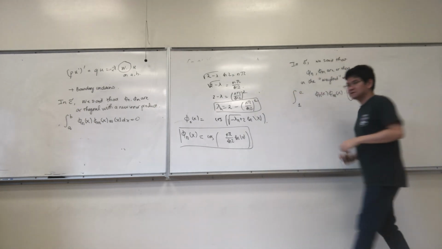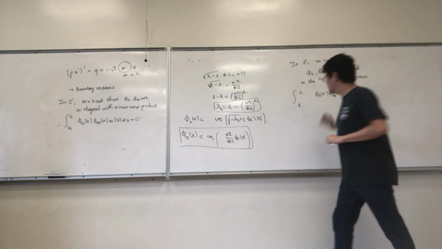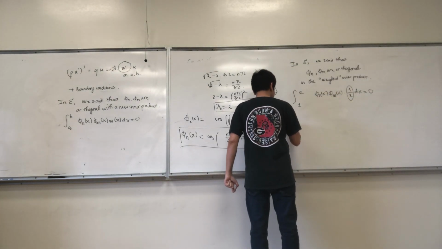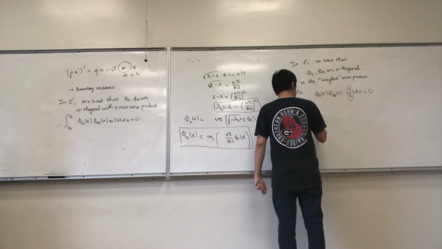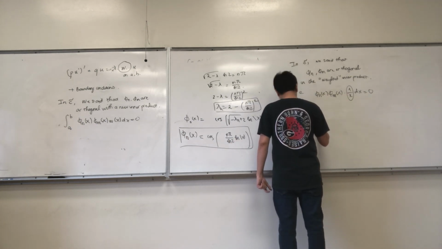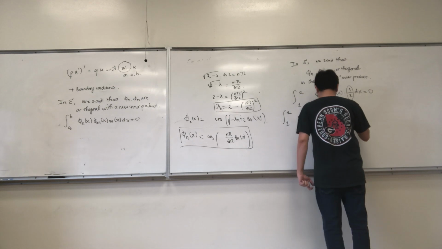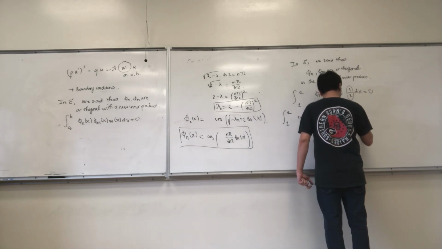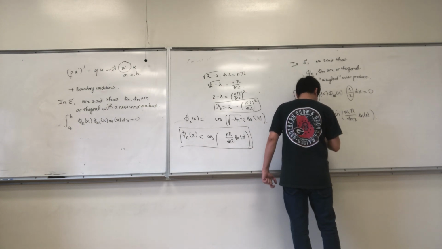The different thing that we have is 1 over x. And then you have the integral from 1 to 2 of cosine of n pi over log 2 of log x times sine of m pi over log 2 of log x, times 1 over x dx.